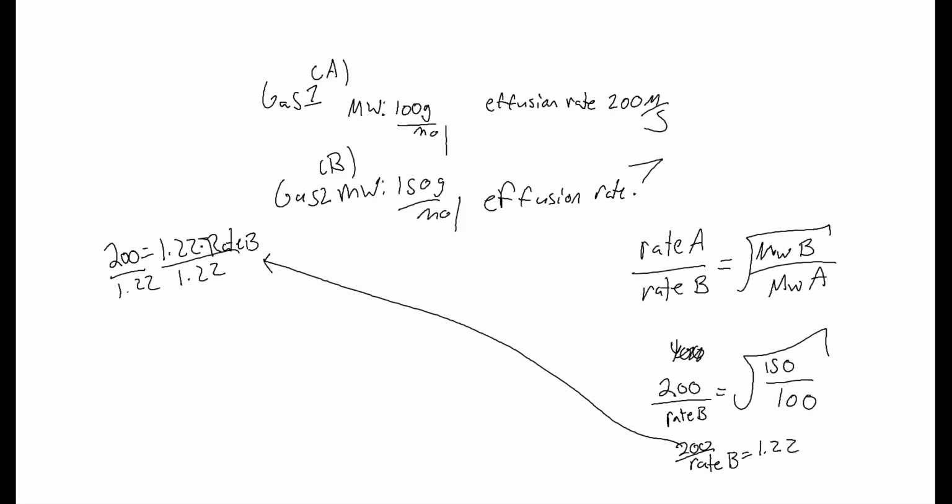The rate of my second gas, based on this equation, is 163.9 meters per second. So that's how you do Graham's law of effusion with that equation.